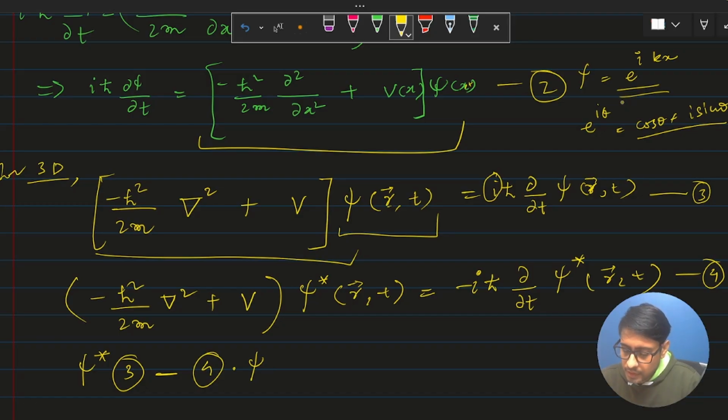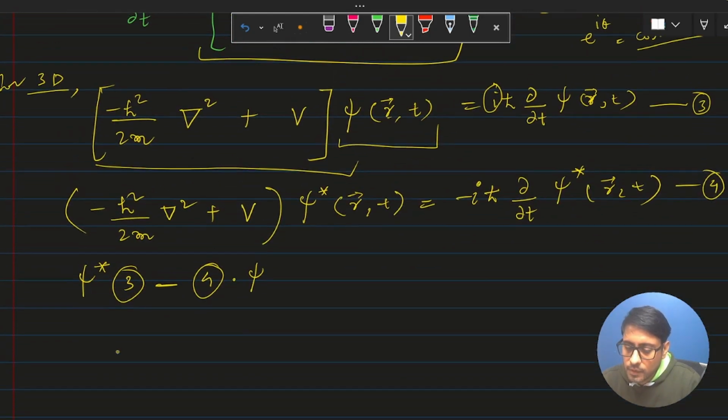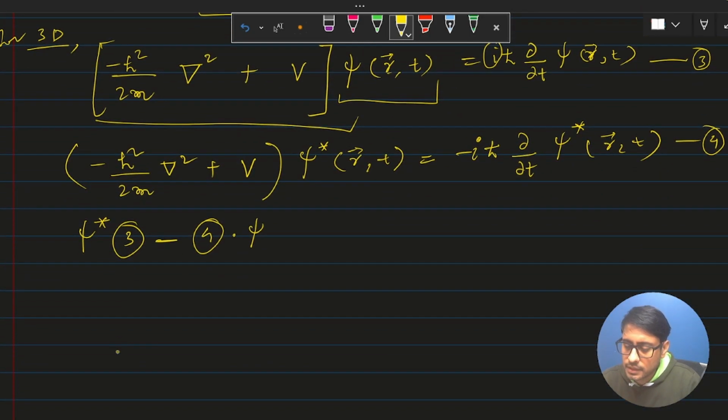Let's do some algebra by multiplying psi asterisk to equation number 3 from the left, and multiplying psi to equation number 4 from the right, and then we will subtract it. We will do the left hand side first.